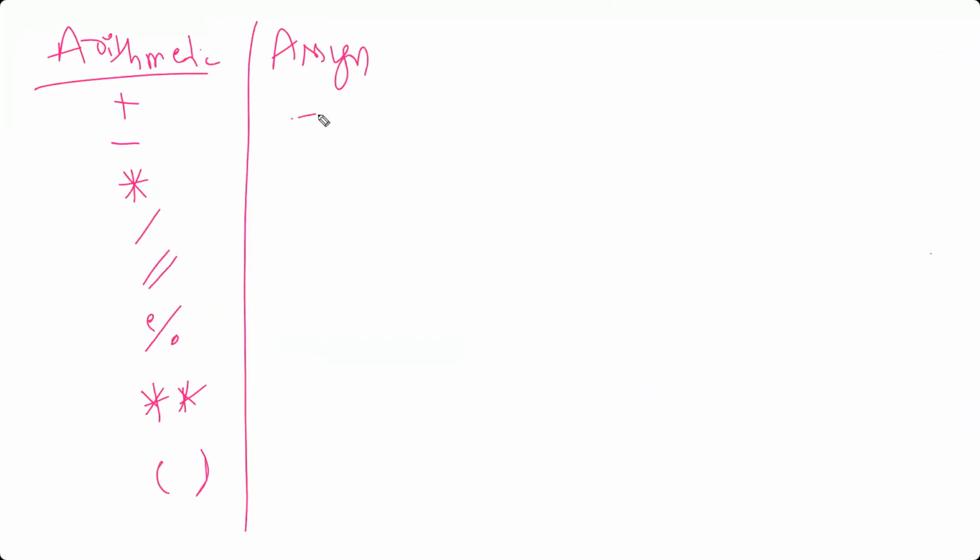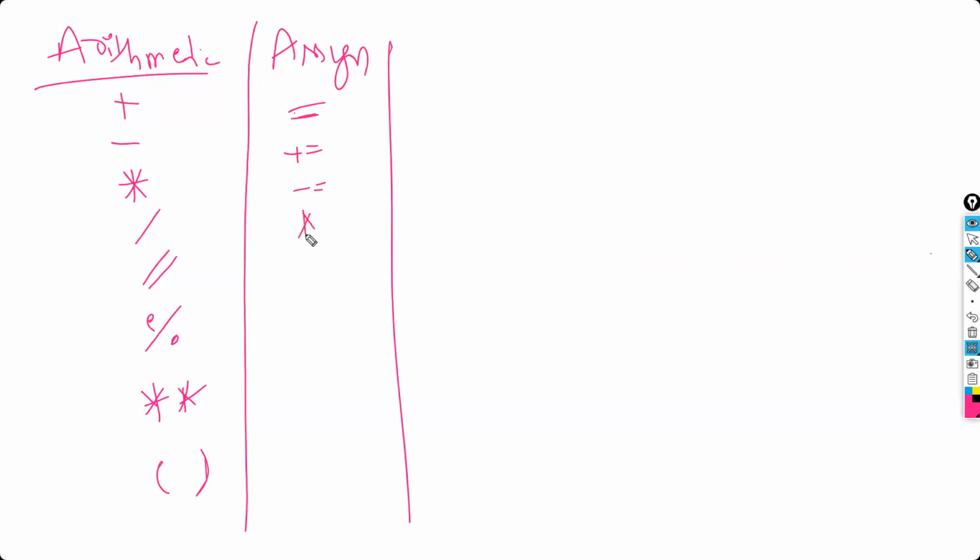Only equal to, and along with equal to, plus equal to, minus equal to, multiplication equal to, division equal to, floor division equal to, modulo equal to, and power equal to. These are all considered assignment operators.